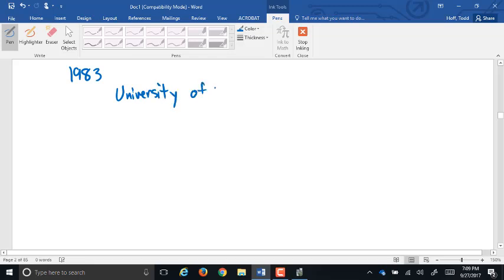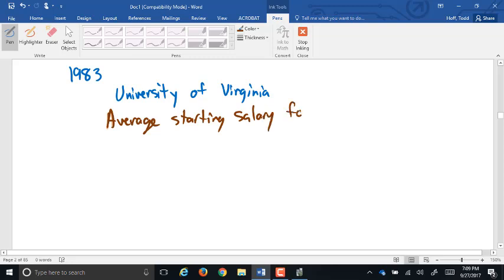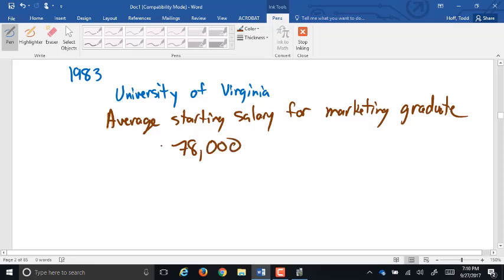University of Virginia advertised that the average starting salary for a marketing graduate was approximately $78,000 per year. I don't remember the exact number, but it was right around $78,000 a year.